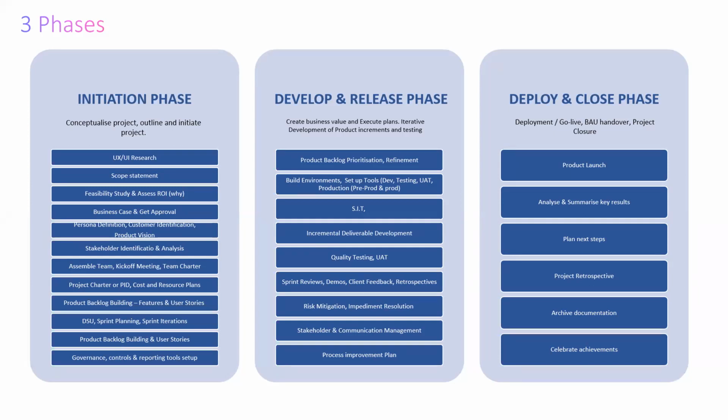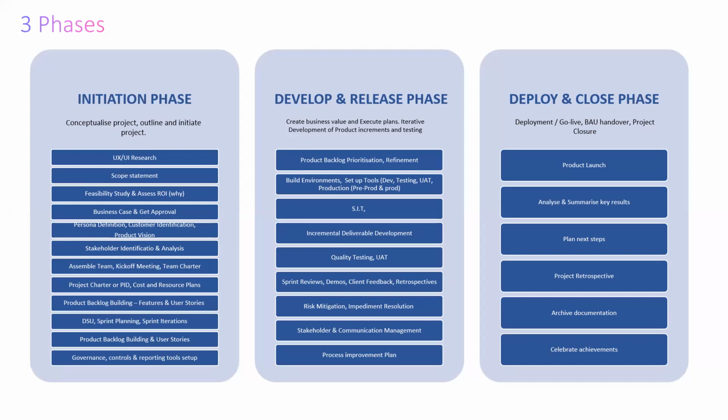All right. Now, the other thing that I want us to also look at is what we have here. We spoke about the scope statement, UX, UI, research, and all sorts, and product backlog. Here, I cannot see your persona definition. Okay, I've seen it.